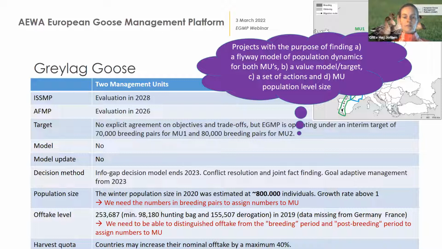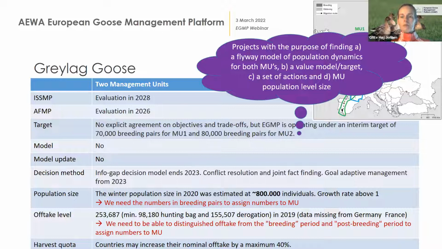Here we need to be able to distinguish between the breeding period and the post-breeding period, again to assign the offtake level at management unit level. But the current offtake level is about 250,000, which is the latest estimate from 2019, and where there are data missing from Germany and France.